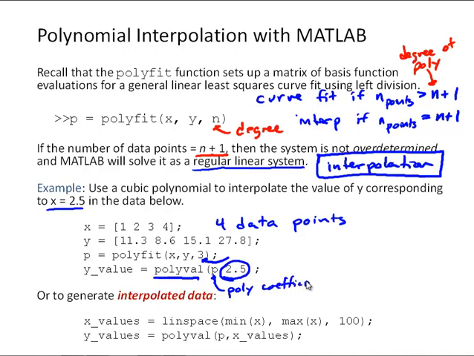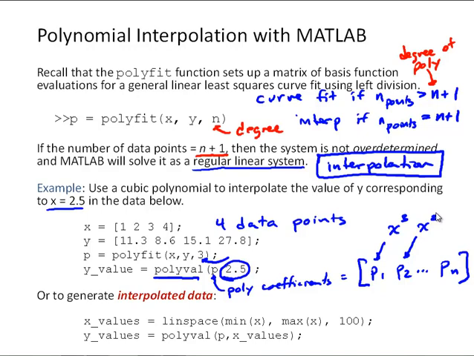And recall from before, those polynomial coefficients are always going to be in the order p1, p2 to pn, where p1 is, in this case, the coefficient to x cubed, p2 the coefficient to x squared, and so on.